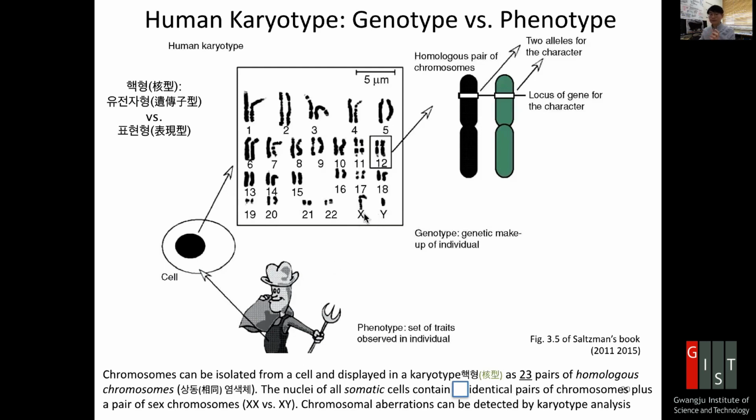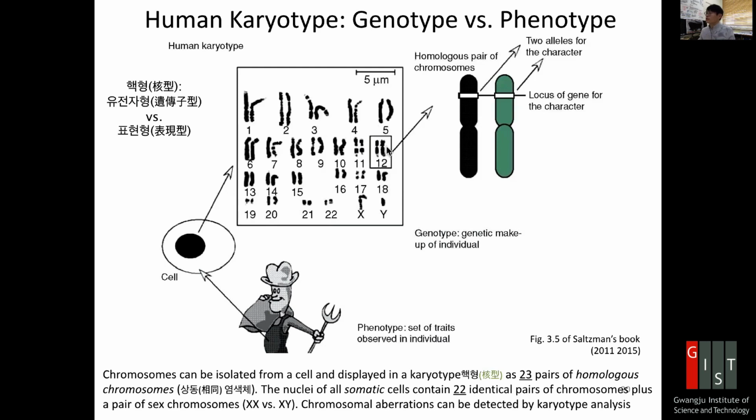And you know that for female, it's XX. So these somatic cells contain 22 identical pairs of chromosomes plus a pair of sex chromosomes. And chromosomal level aberrations, which can be observed with a microscope, we call karyotype analysis.